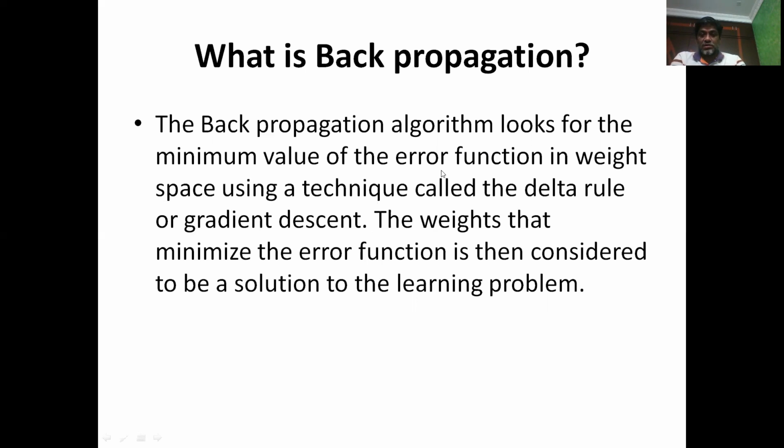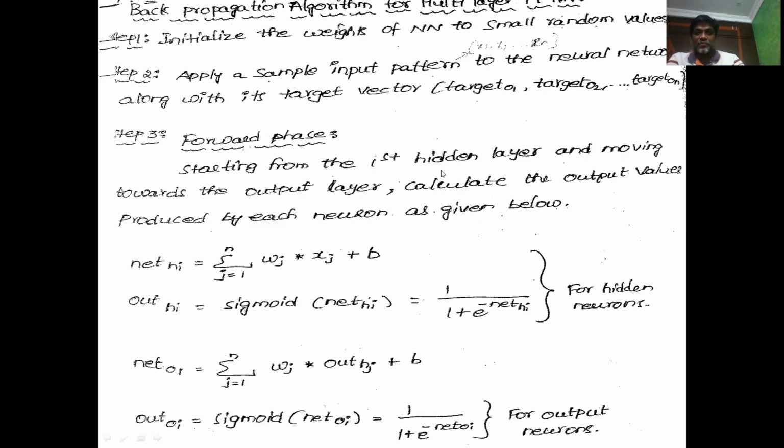Let us go through the steps involved in this backpropagation algorithm, which will be used for multi-layer feed-forward neural networks.